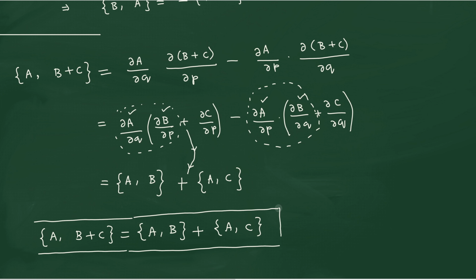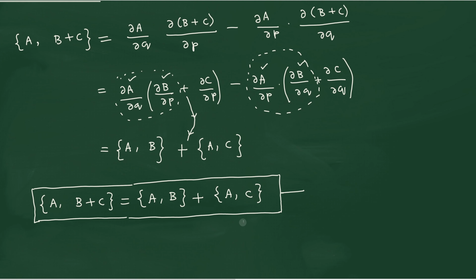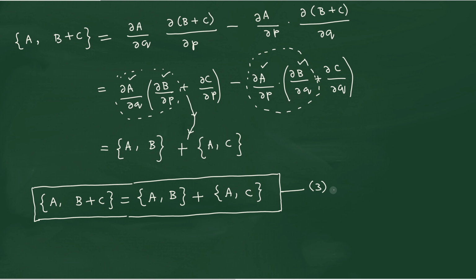So once this kind of step is clear to you, then the remaining things you can do quickly. And then let us have the number now. So this is equation number 3, and we say that this property is the distributive property. Okay.